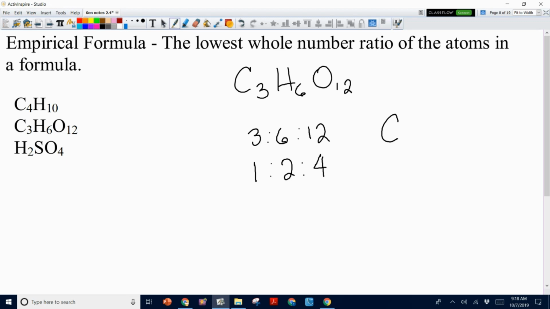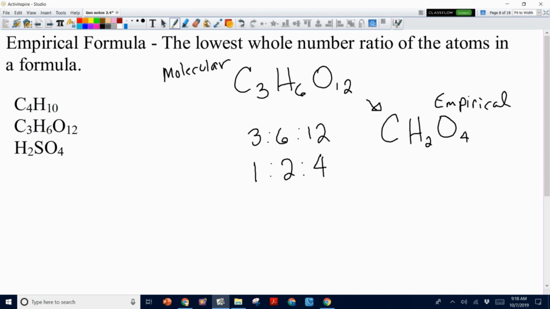We don't write the ones in formulas though. If it's a 1, we don't write that. We just let the symbol for the element indicate that there's one of those. H2O4. So that's the empirical formula for this molecular formula. So this one is called the molecular formula. This one is empirical, when you reduce it.